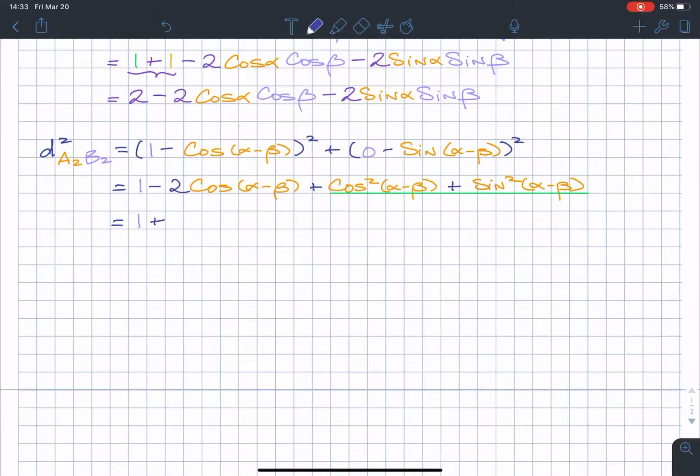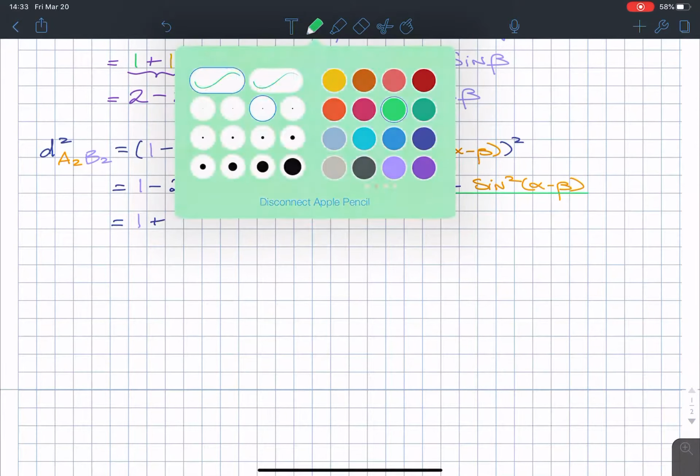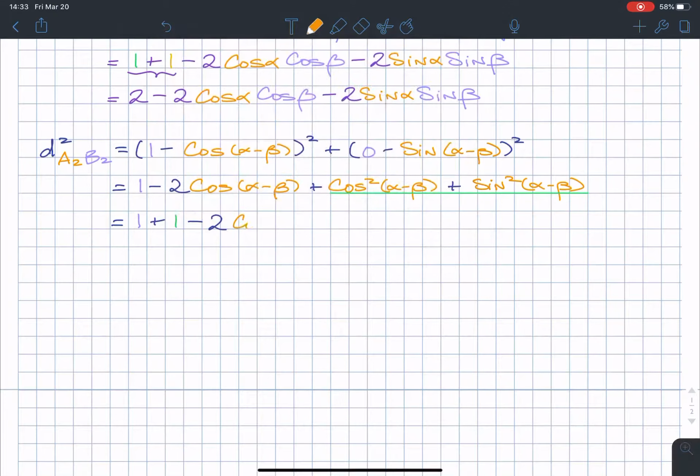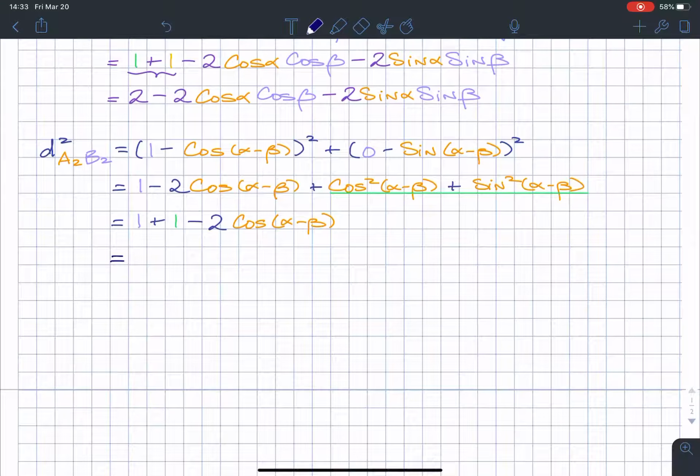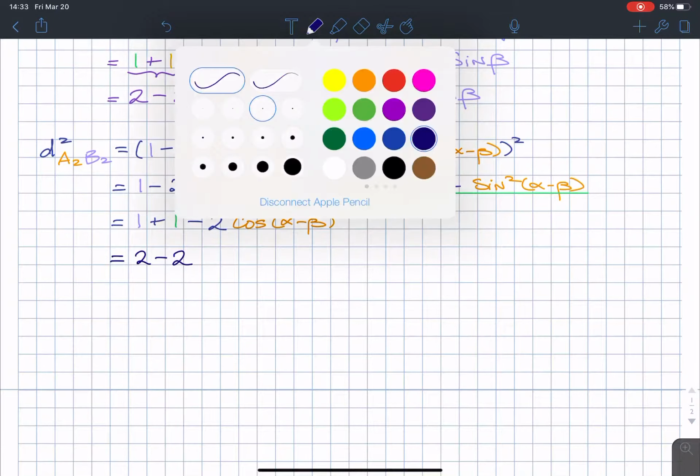So what I have here is the 1 plus the 1 from the main Pythagorean identity minus the 2 cosine of alpha minus beta. That is, I can rewrite this as 2 minus 2 cosine of alpha minus beta.